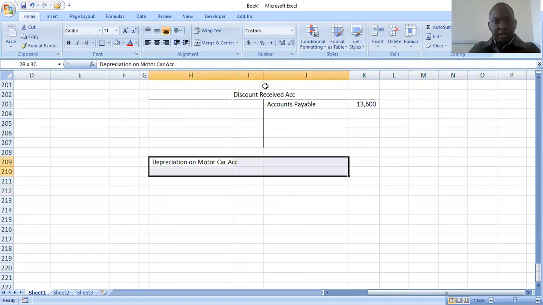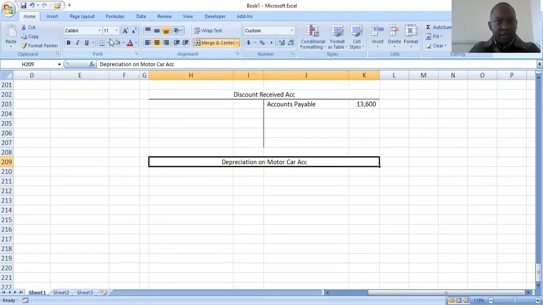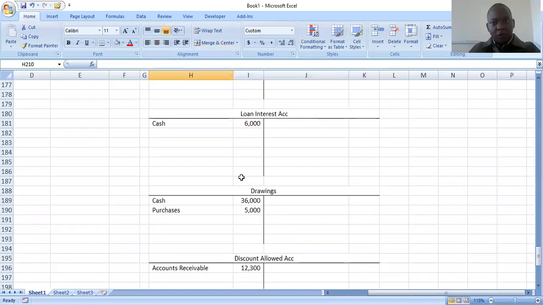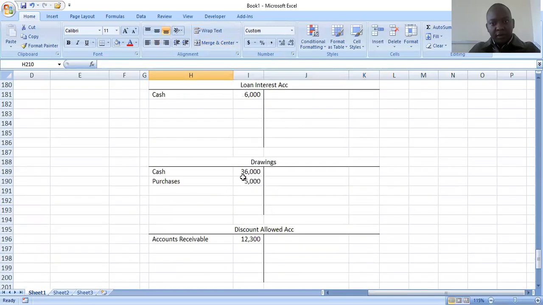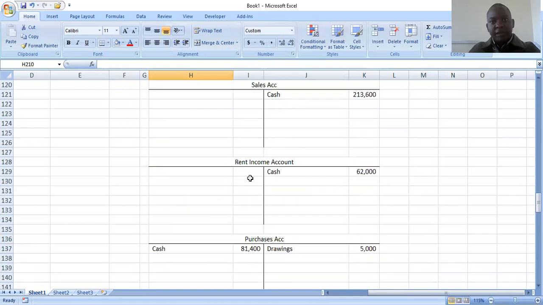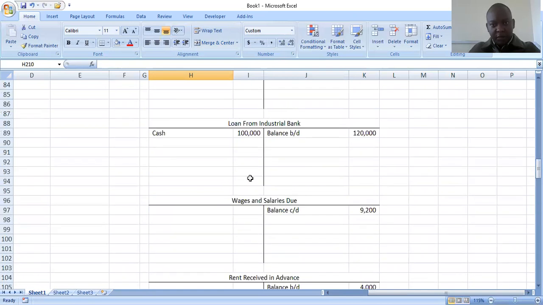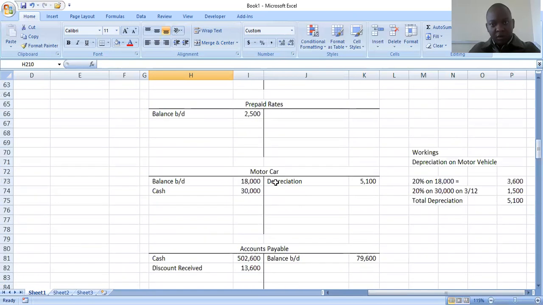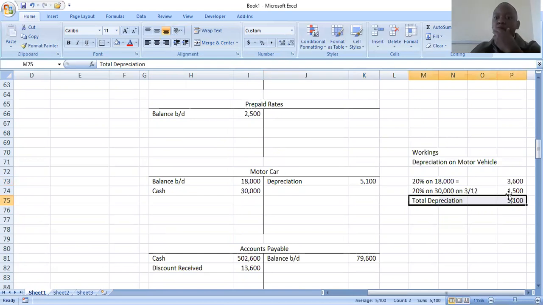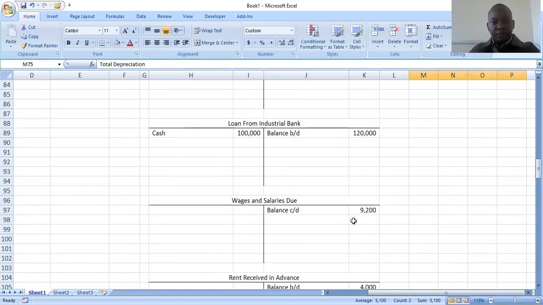We've credited the motor vehicle account, so therefore now we debit the depreciation on motor vehicle account.